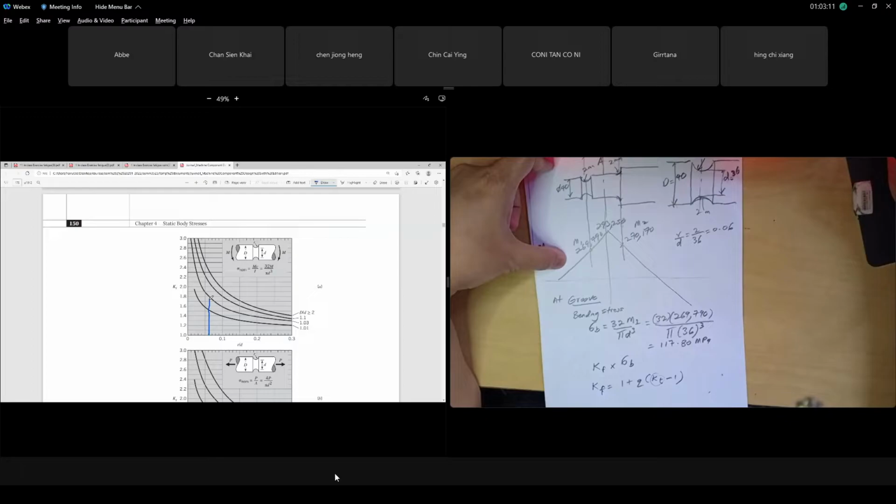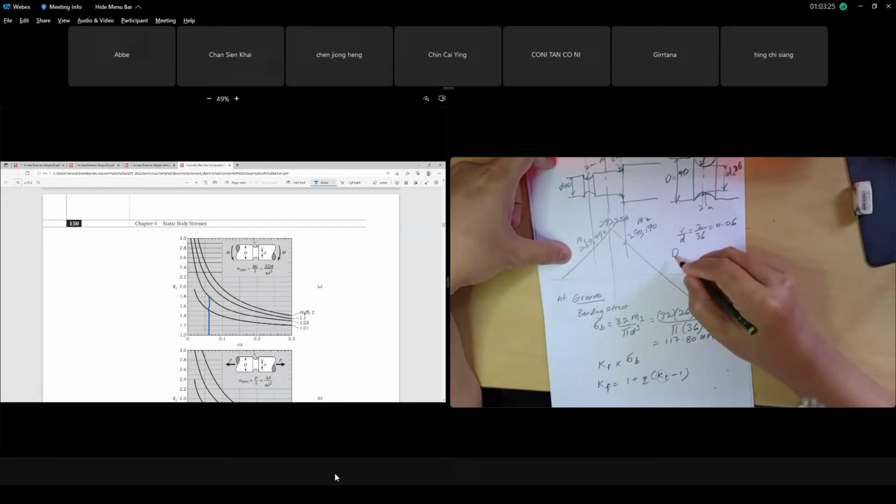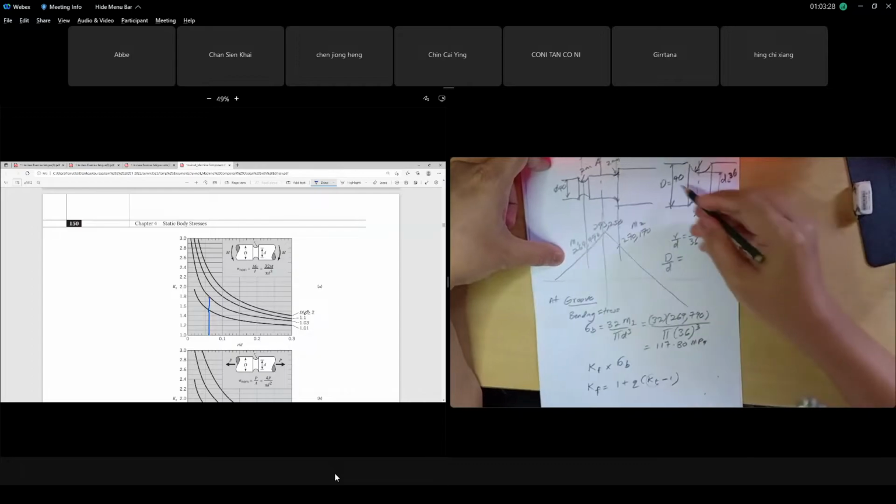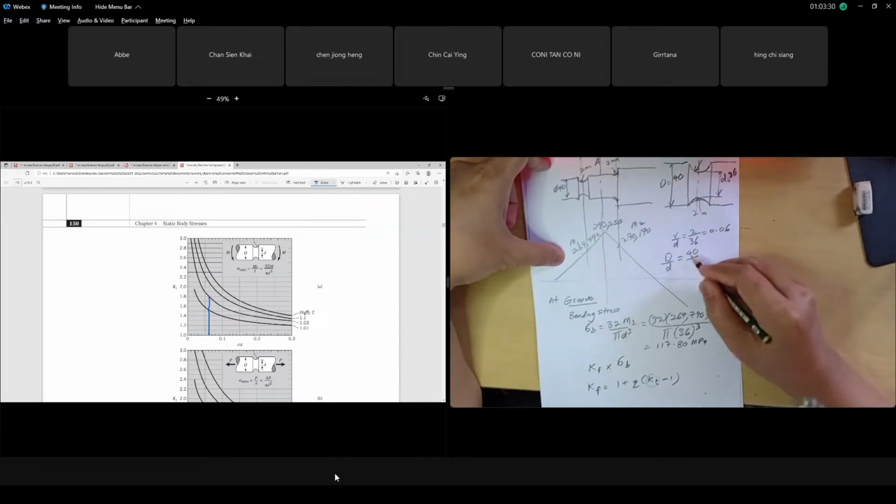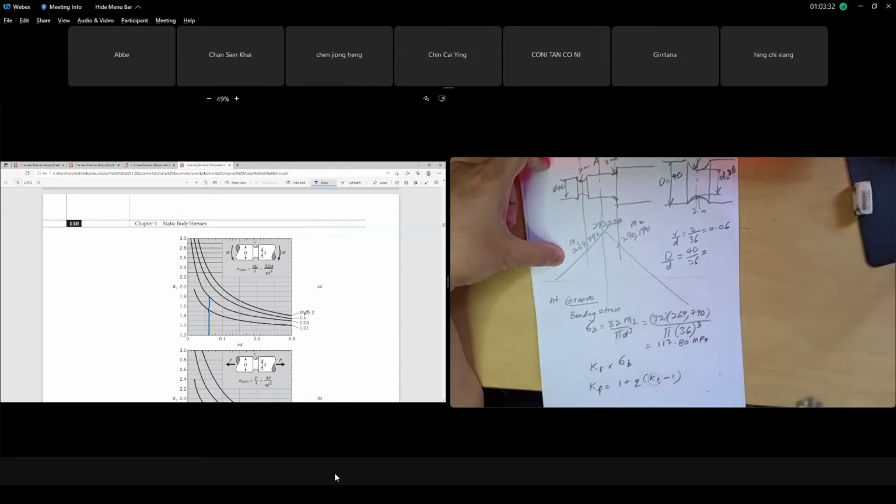Which curve do we need to intersect? Can you see all these curves on this graph? The curves are the ratio D over d. In our case, big D is 40 for the groove and the smaller d is 36, so D over d is 40 over 36, which is about 1.1.